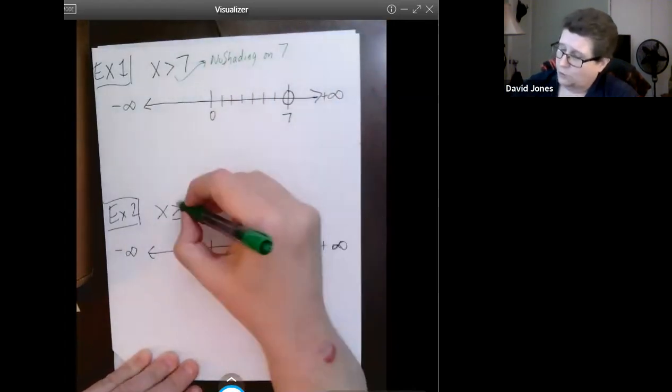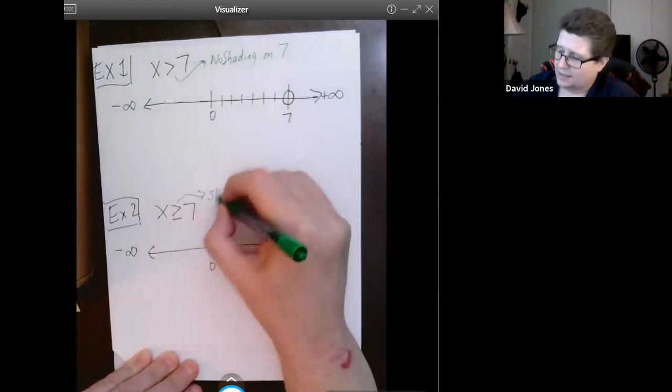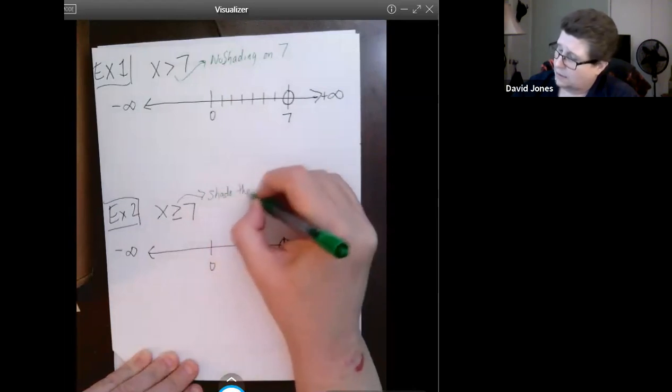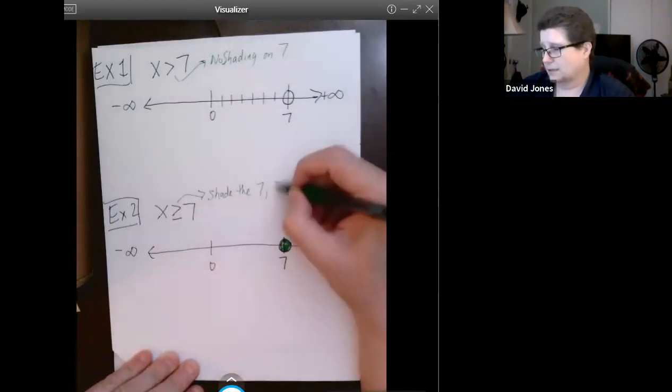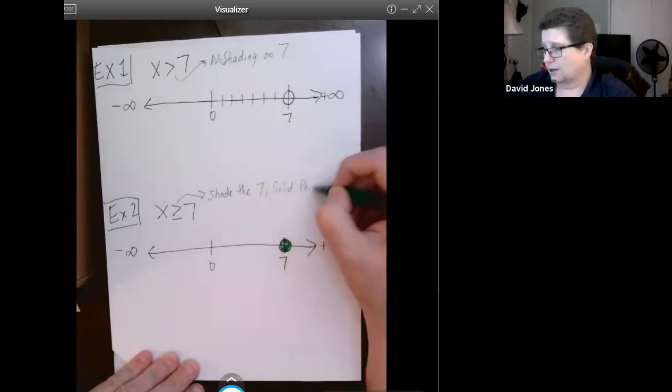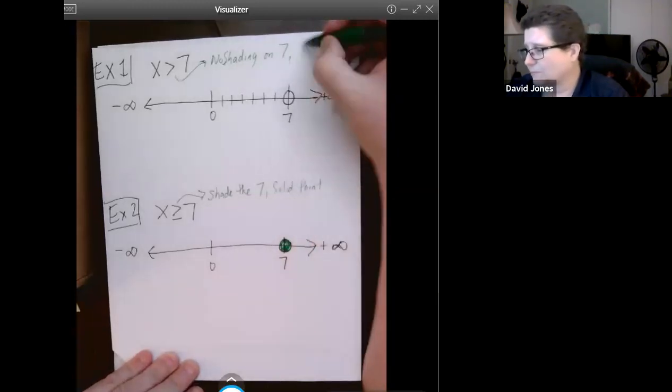The greater than or equal to symbol says shade the 7. So I'm going to fill that 7 in on this one and make it a solid point. But on the x is greater than 7, without the inequality, we're going to use a hollow point.